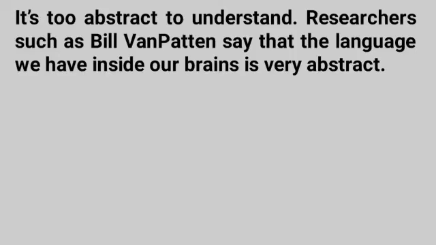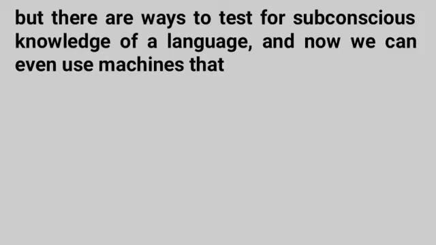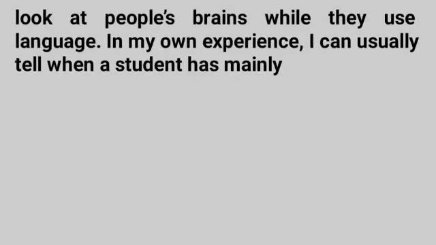Researchers such as Bill VanPatten say that the language we have inside our brains is very abstract. It's quite difficult to test abstract knowledge scientifically, but it is possible. I won't get into the details because it's quite complicated, but there are ways to test for subconscious knowledge of a language, and now we can even use machines that look at people's brains while they use language.